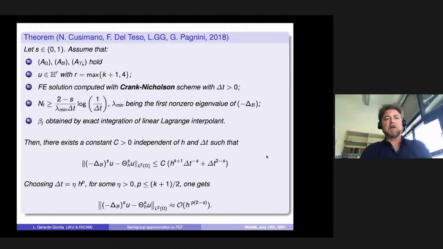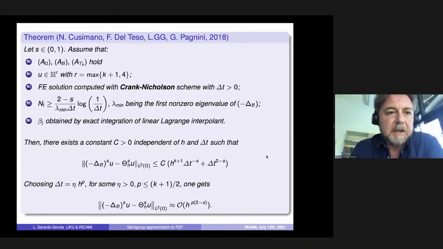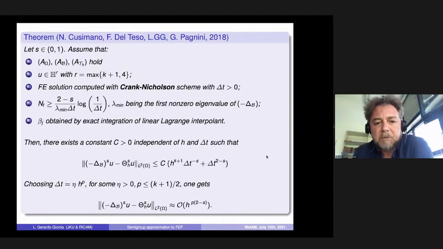So we got a good result for this study, and we could see that we can have an approximation in the L2 norm, which, under some suitable assumptions in terms of the choice of the time step for integration and the spatial step for the discretization of the heat equation, has an error of the order of h to the power 2 minus s, considering that s is between 0 and 1.